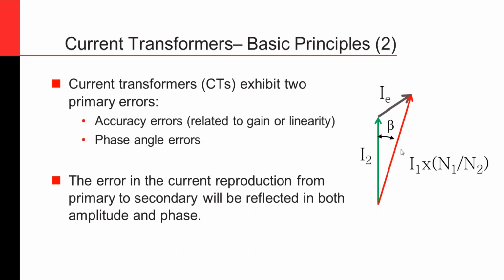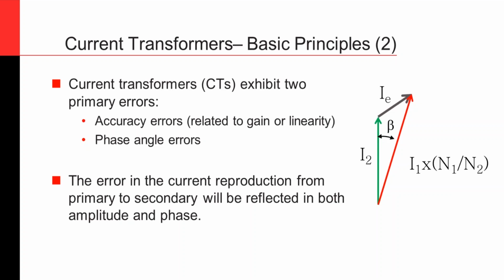So you have your secondary current, which is your I2, which is nothing but a vectorial addition or subtraction of your primary current represented on the secondary side minus the excitation current, IE. So there you go. You have your ratio error that you have to calculate or test, and you also have the phase deviation from the primary to the secondary because of the excitation.